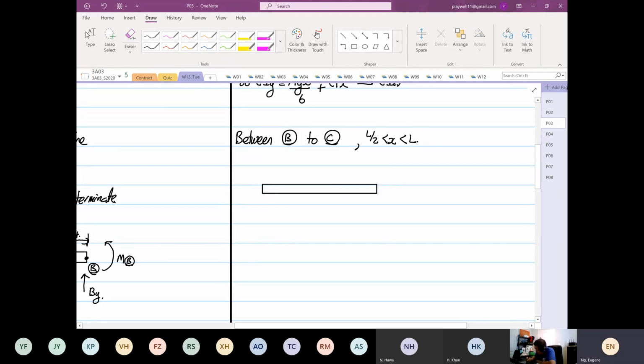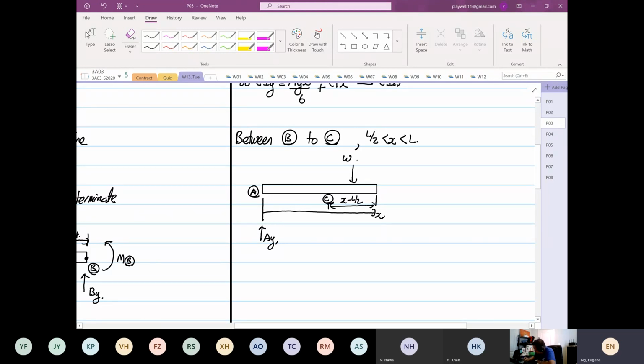So this is my point A, and then this is my point C. So from here to here, this is my x. So we have Ay over here. So this is equal to omega, so we have to sort out the distance first. So the distance from C to here is x minus L over 2.